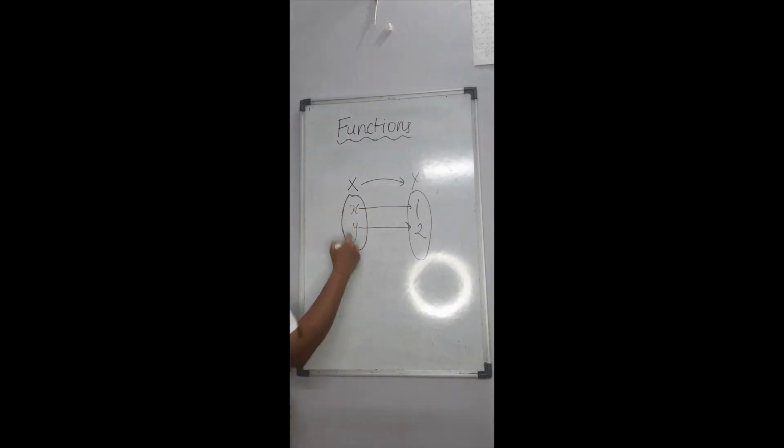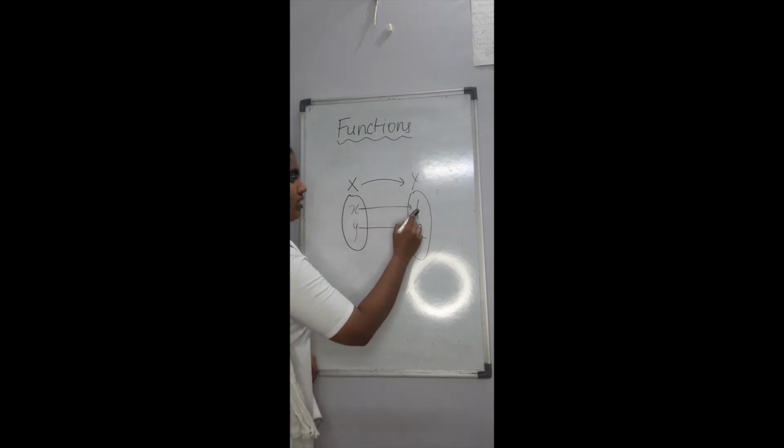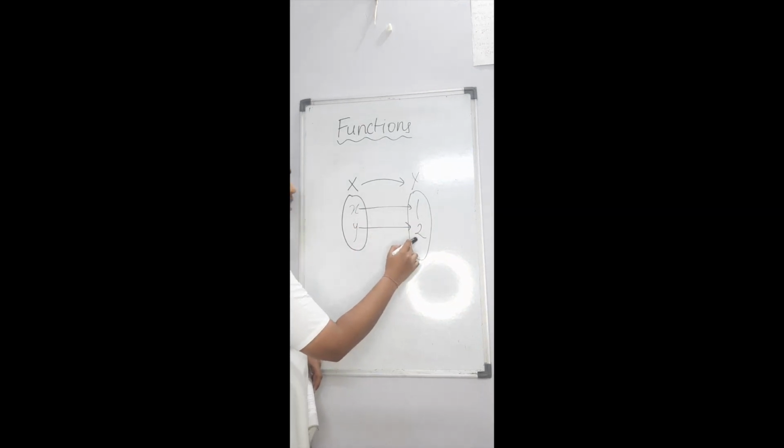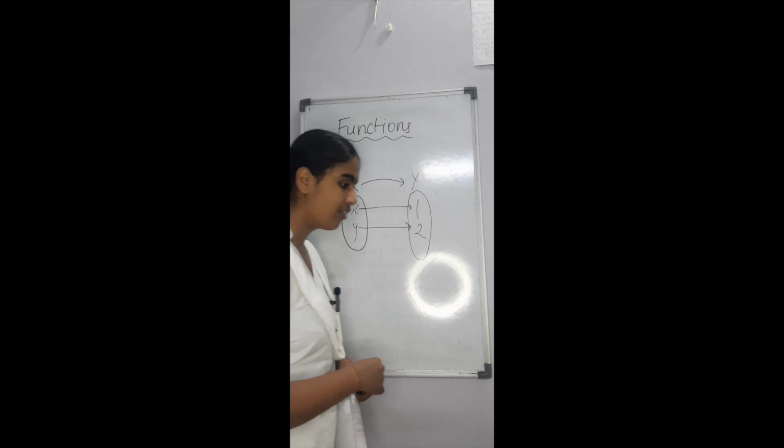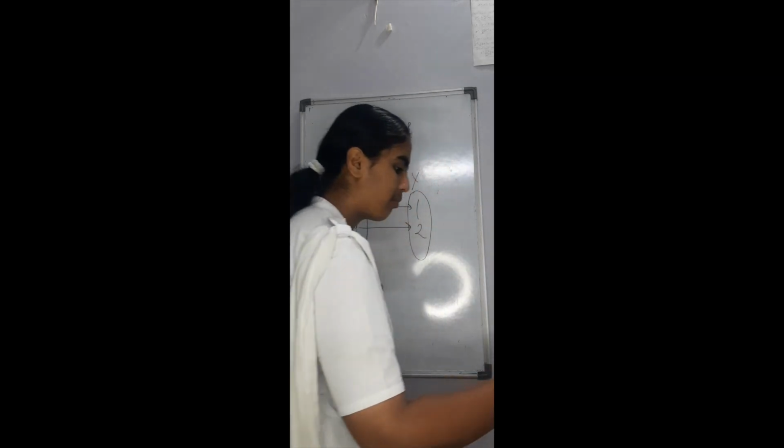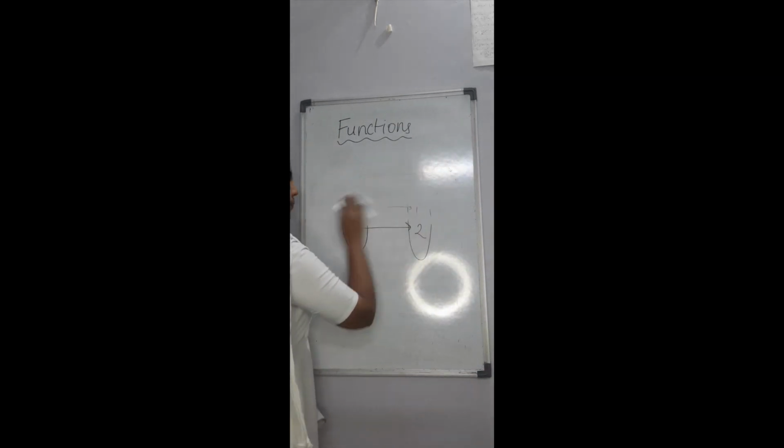Every element has a unique image in the range set. So that is all about what a one-one function is.